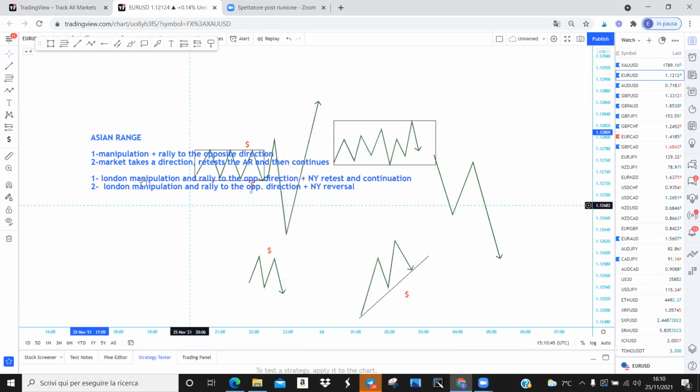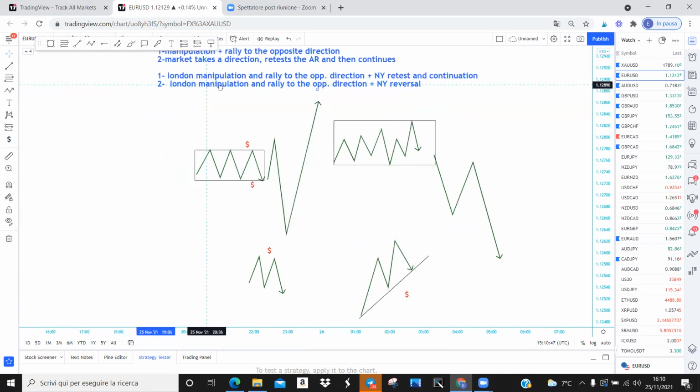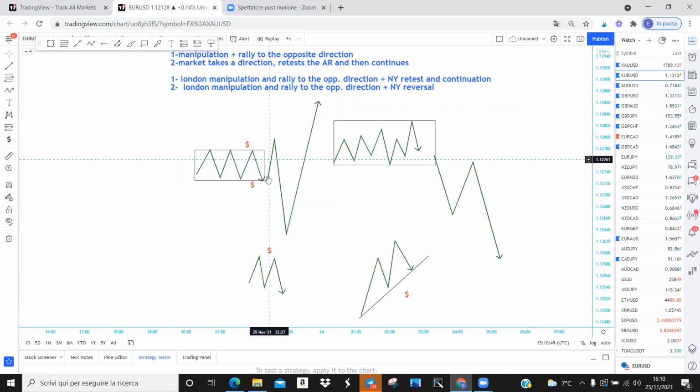Okay, so we have possibly London manipulation, and after the manipulation we take a direction, and then New York reversal, which is the last one that we talked about.